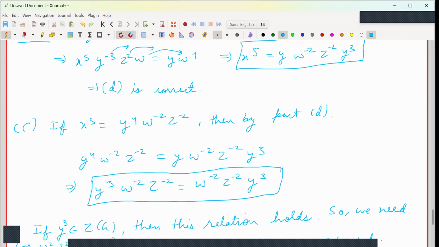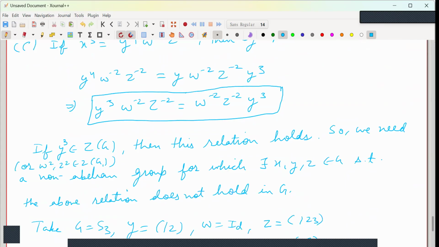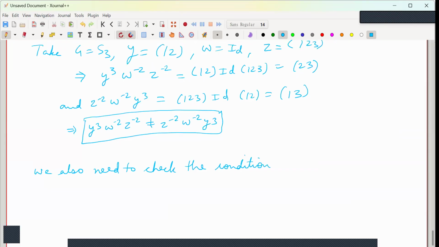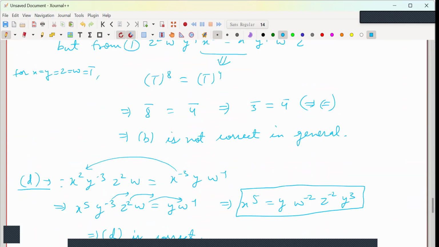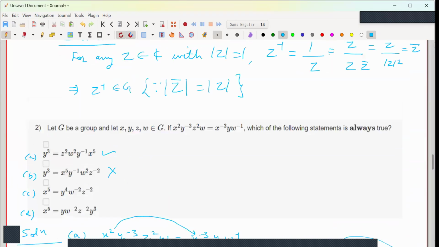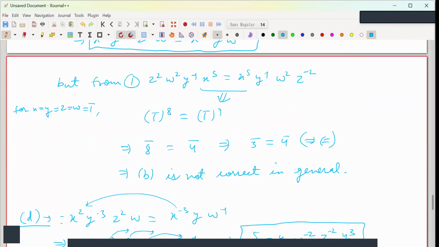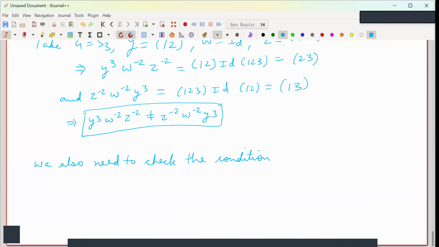Okay. So we also need to check the condition x square y cube y minus cube z square w. x square y minus cube z square w.